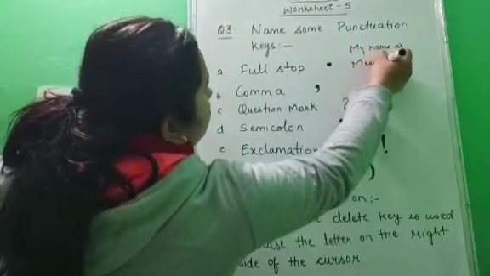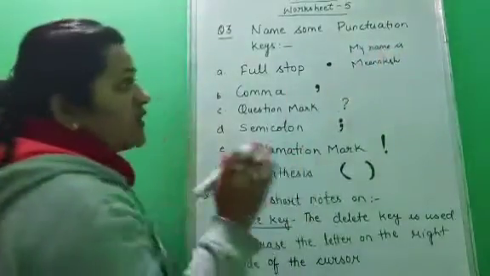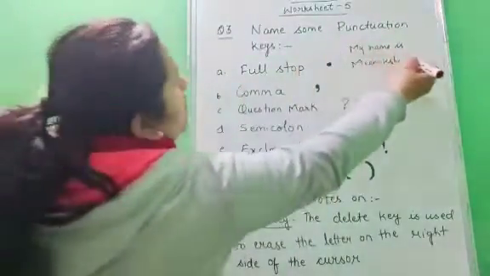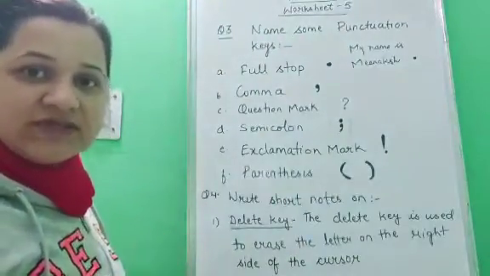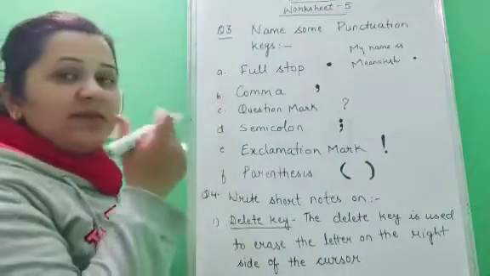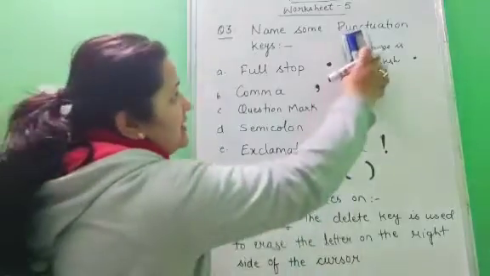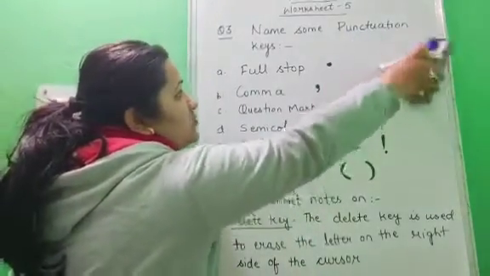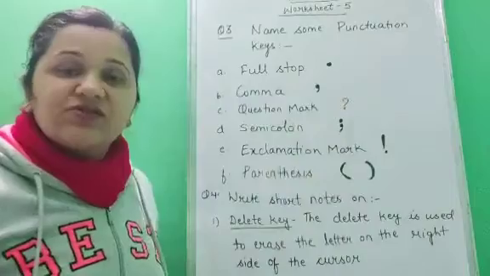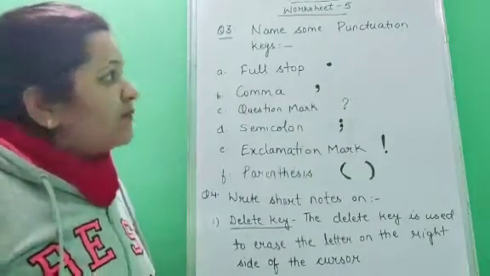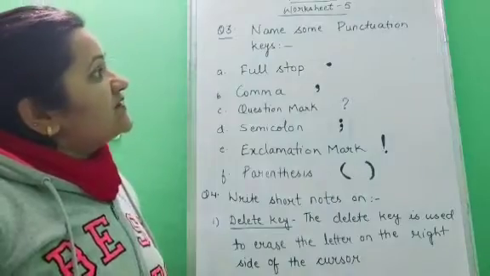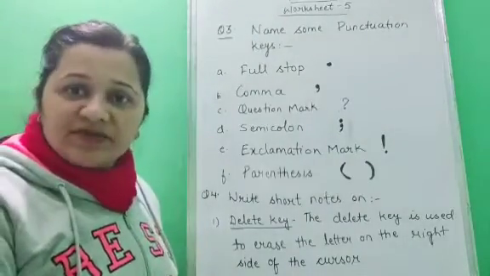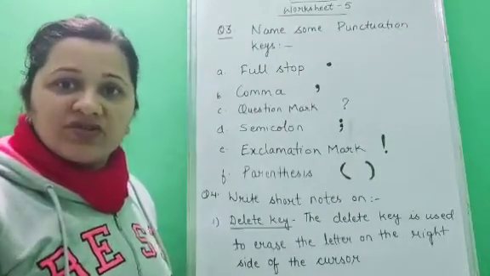This sentence I have written. After completing this sentence, I have to use a full stop. You must have studied this in your English subject also. So these are the punctuation marks. Whenever we type any sentence on the computer screen, we need to use punctuation marks as well. These punctuation marks are present on some keys. The keys in which these special symbols are present are known as punctuation keys.